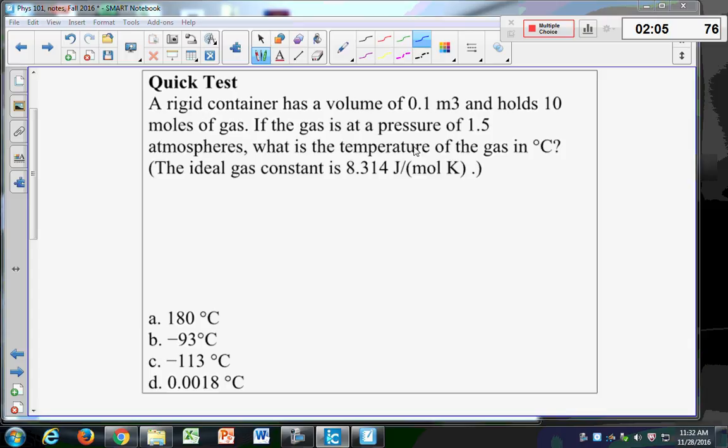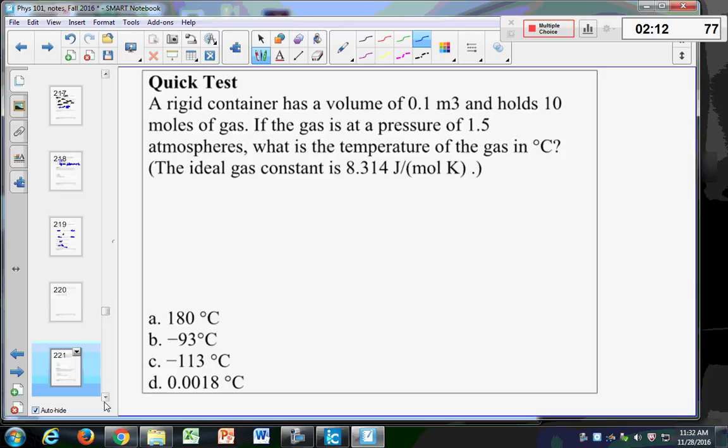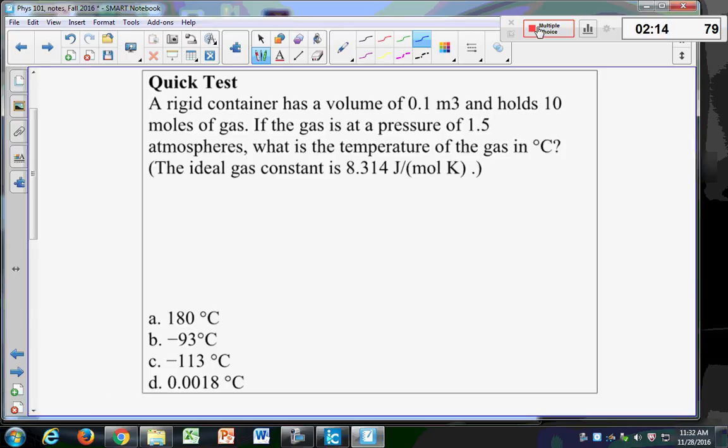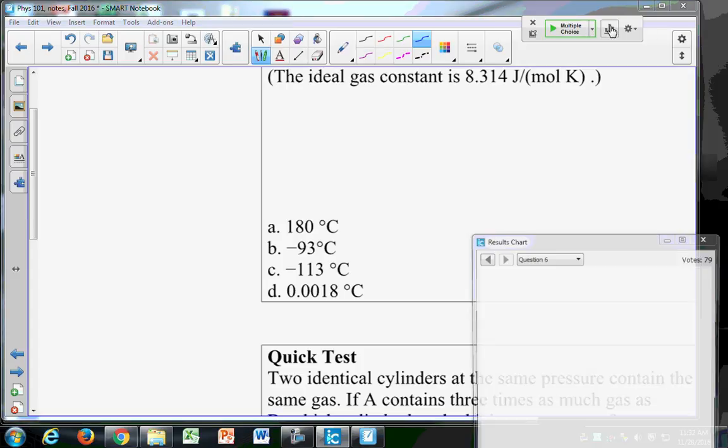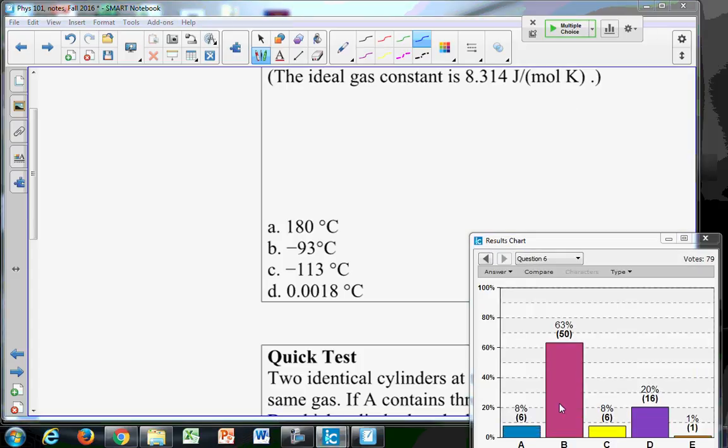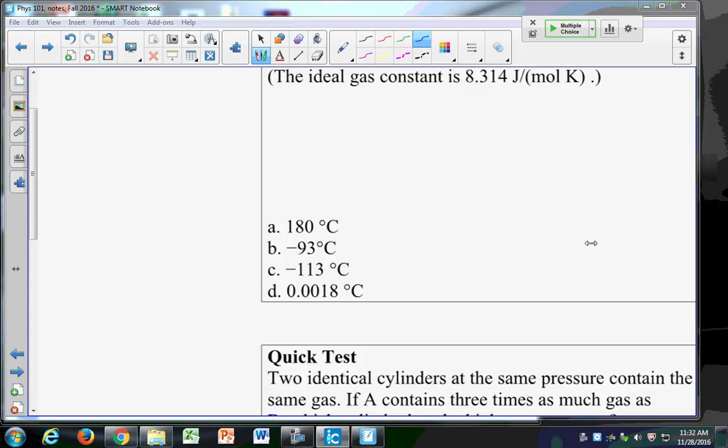I'm going to stop at 2:15. Okay, I think B is right. Let's see.